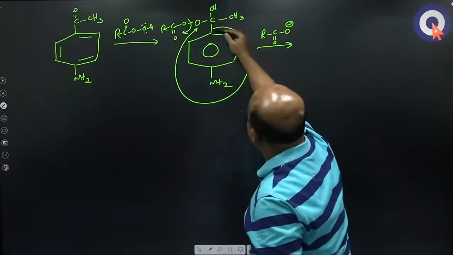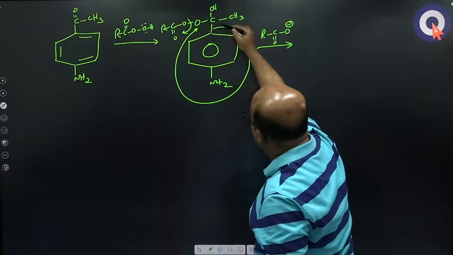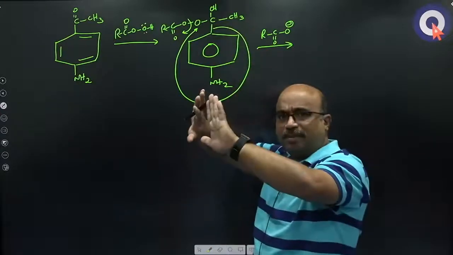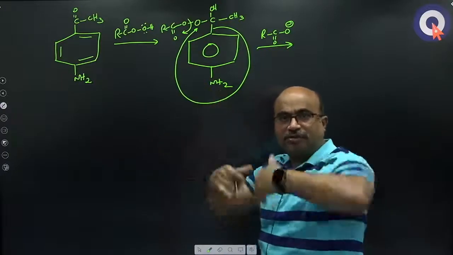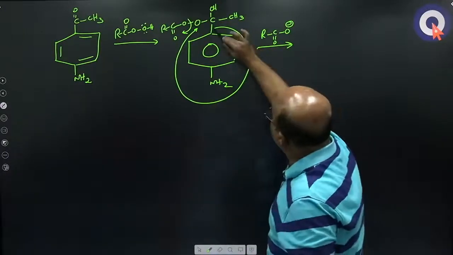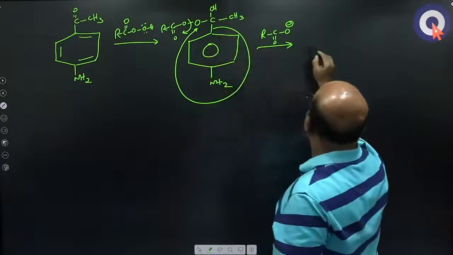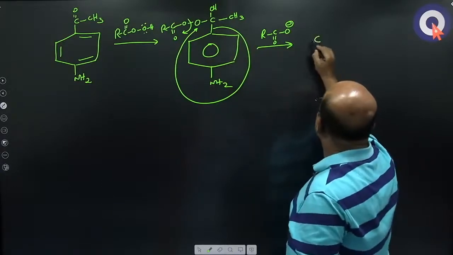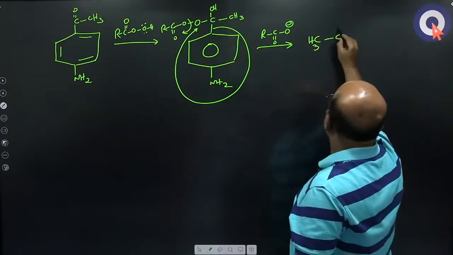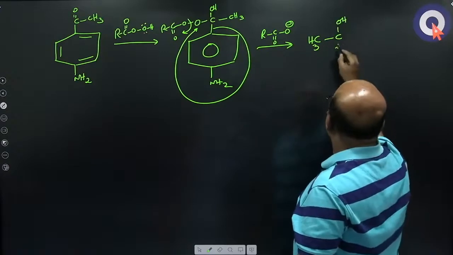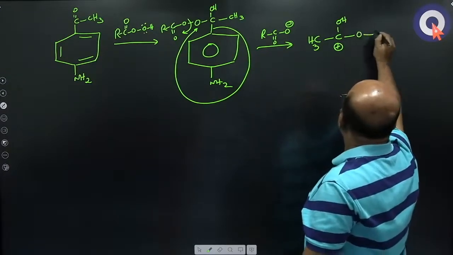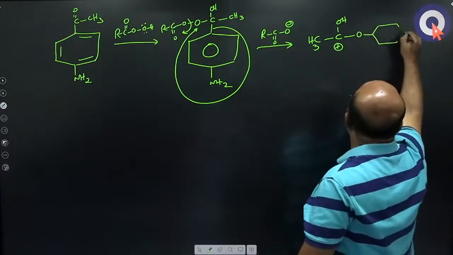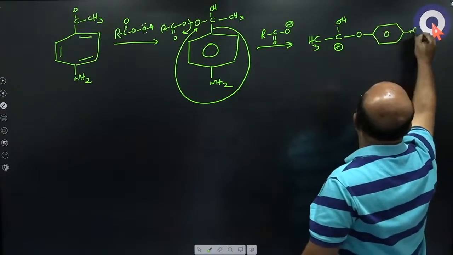This carbon bond is cleaving, and all this happens in a cyclic transition process, the general rearrangement that we discuss. So this part completely shifts. You will see CH3, COH, this carbon with a plus now, then this oxygen, then the phenyl group with NH2.